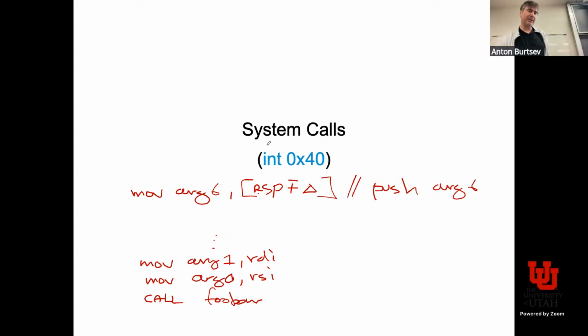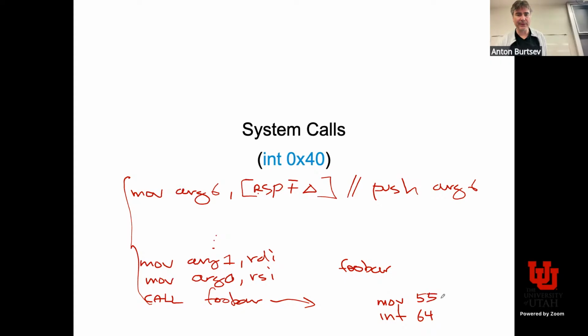So if we understand this call site invocation, and this foobar label leads us to auto-generated code, which in the end invokes int 64. Before that, it will put the system call number, let's say 55, for example, into the RAX register. Make sense, right? Invoke int 64. This is how we drop into the kernel.